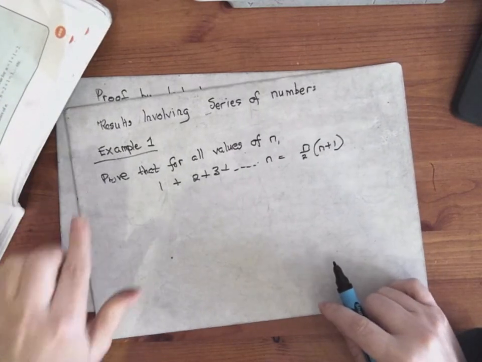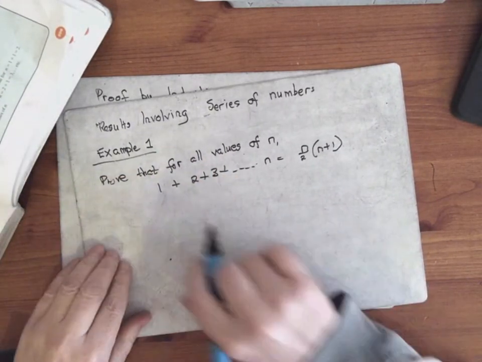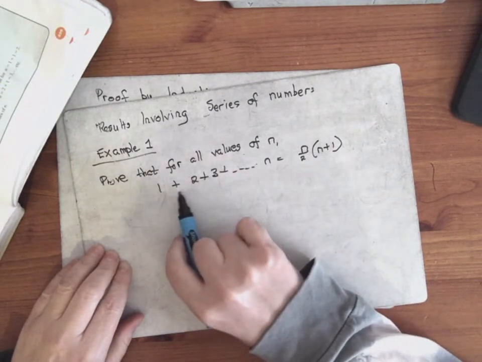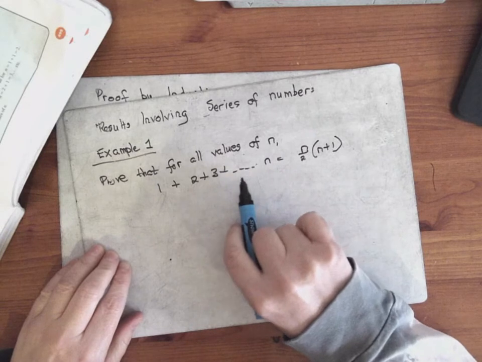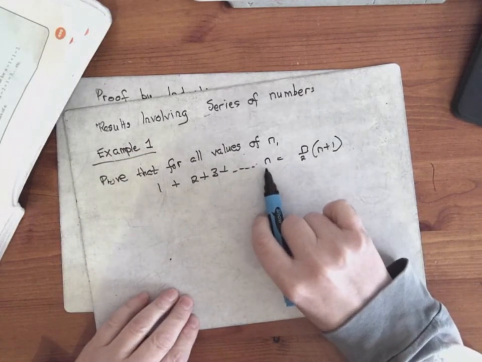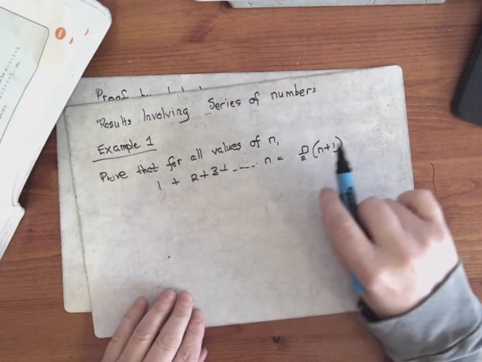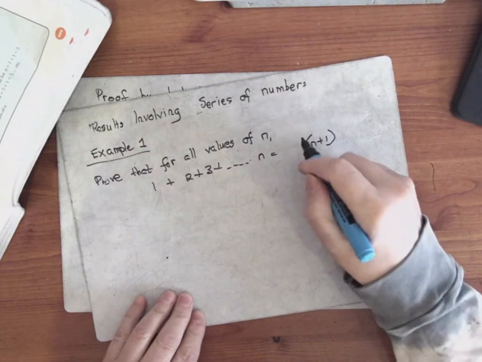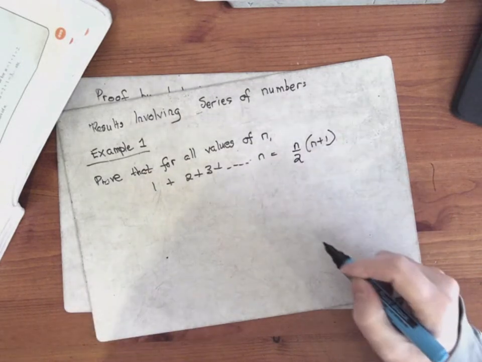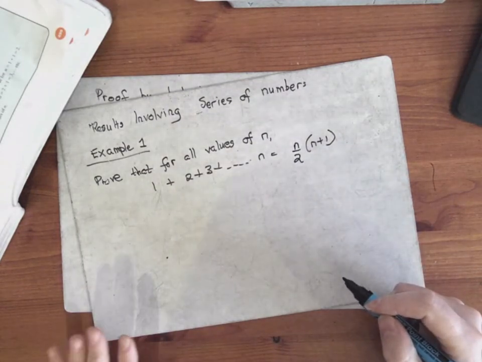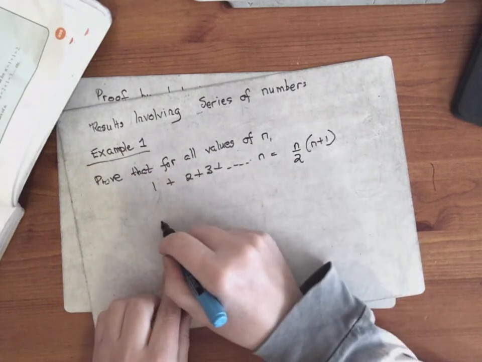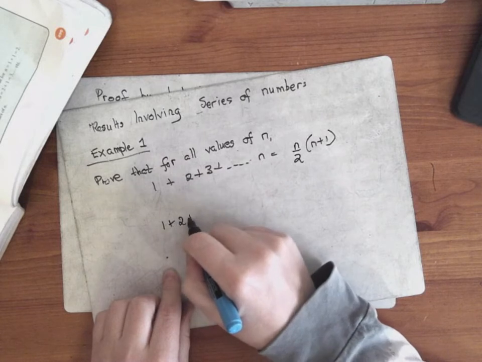So, example 1: prove that for all values of n, if you add 1 plus 2 plus 3 plus 4 plus 5 plus 6 plus 7, all the way up to n, it's the same as n over 2 multiplied by n plus 1.